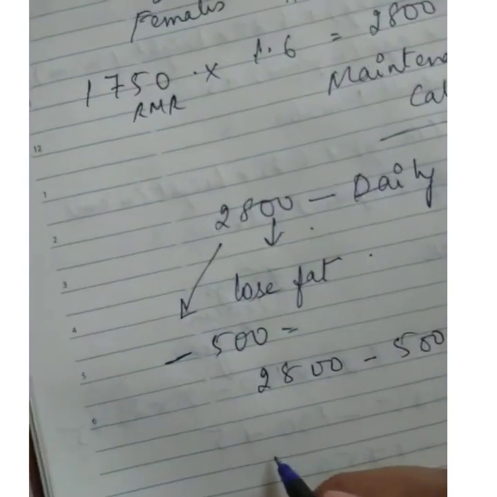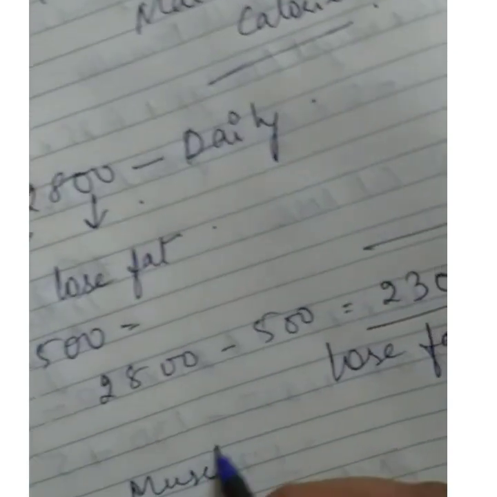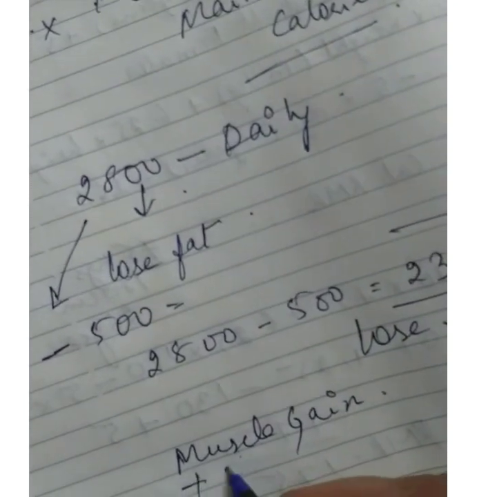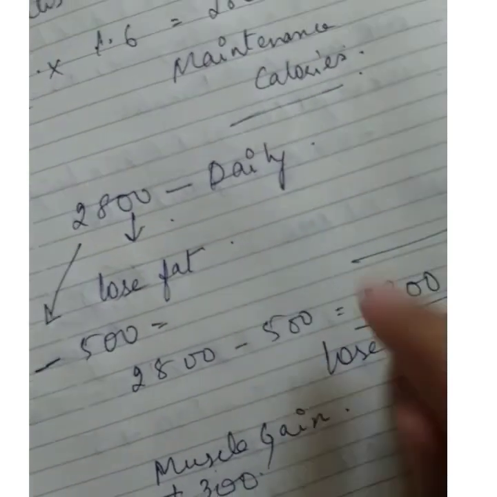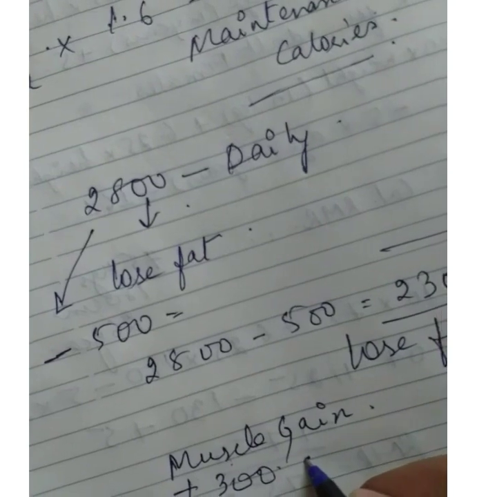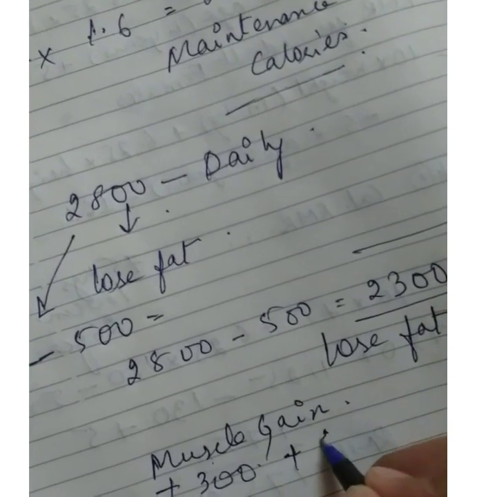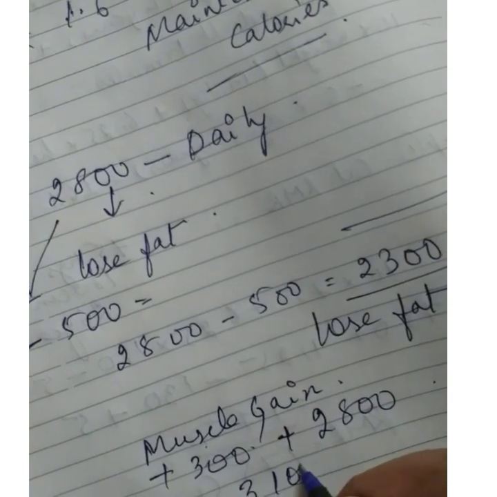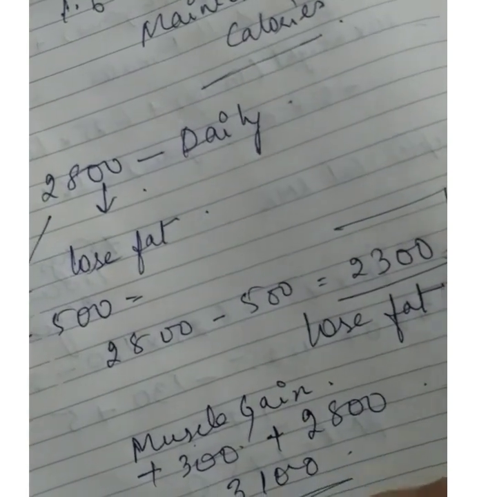Similarly, for muscle gain, we have to add 300 calories to the maintenance calories. Okay, now we get this as 3100 for muscle gain.